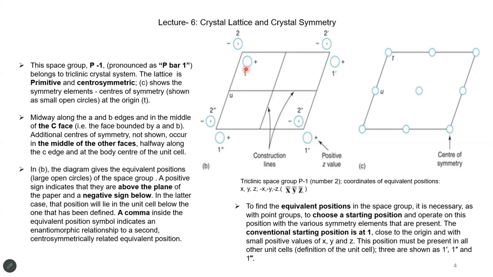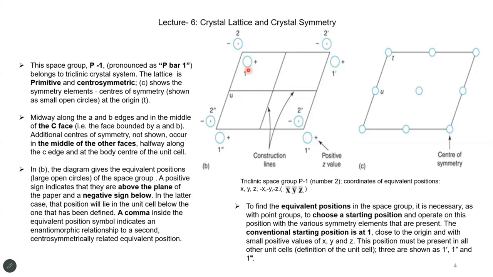So we always start with a point very close to the origin. Here is our origin. As per convention, we start with this point. Next we find out which one is the equivalent position of this one after this center of symmetry element.